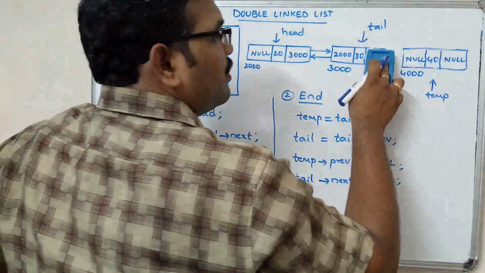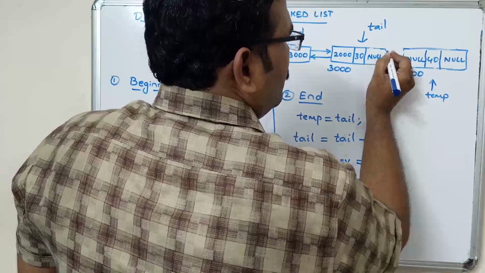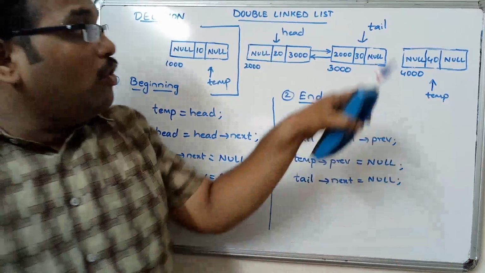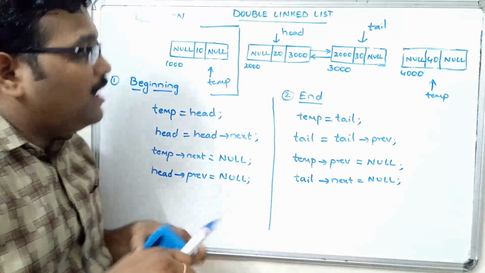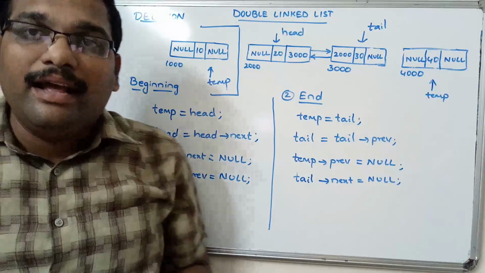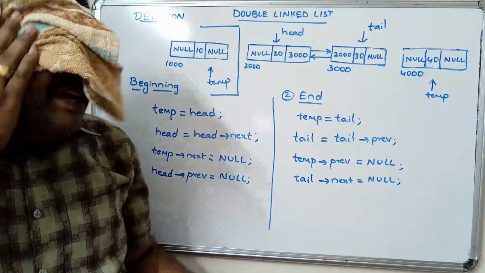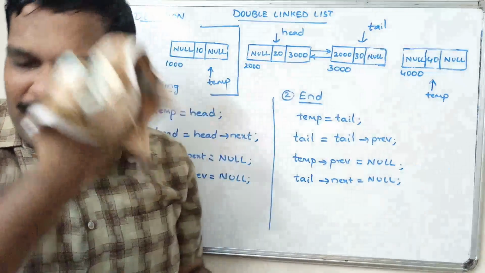So here 4000 is replaced with null. Right. Now there is no link between the 30 and 40. So automatically the head is 20 and tail is 30. So that implies we are deleting an element at the end position.